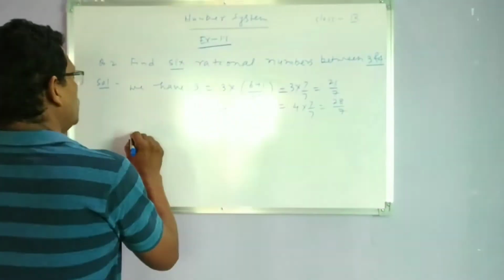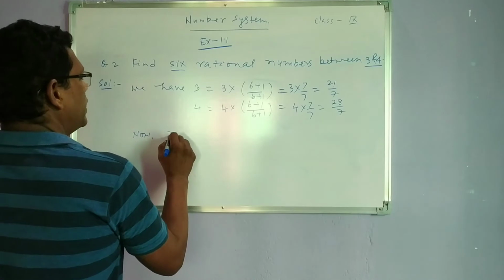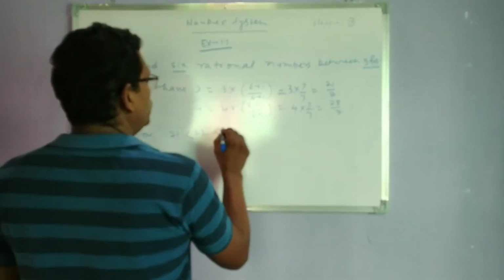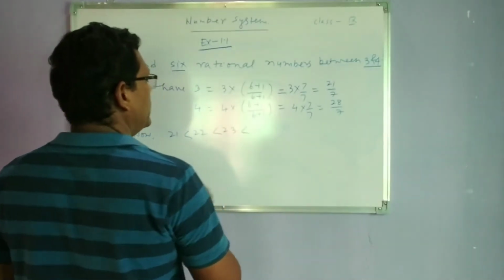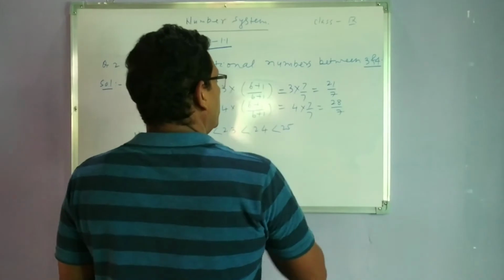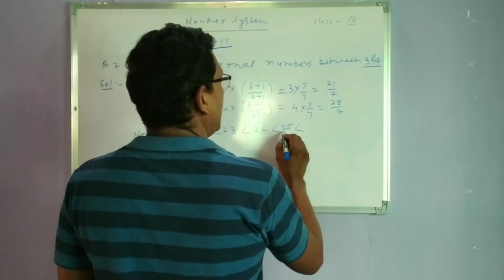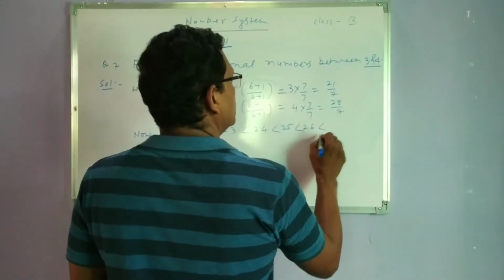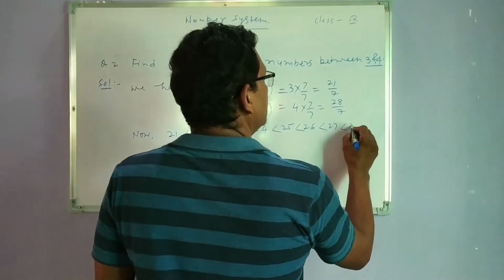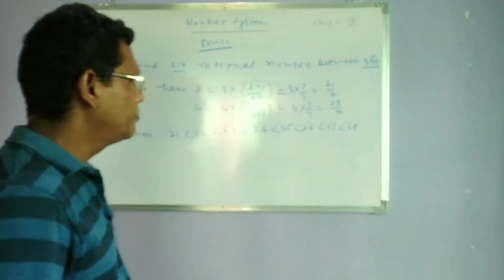Now 21 is less than 22, 22 is less than 23, 23 is less than 24, 24 is less than 25, 25 is less than 26, 26 is less than 27, and 27 is less than 28.